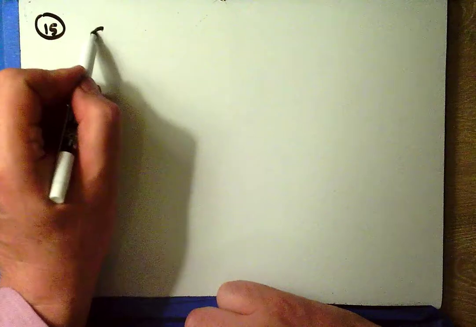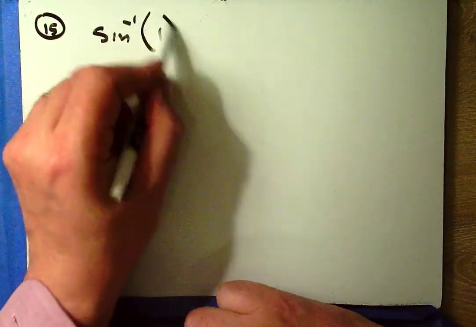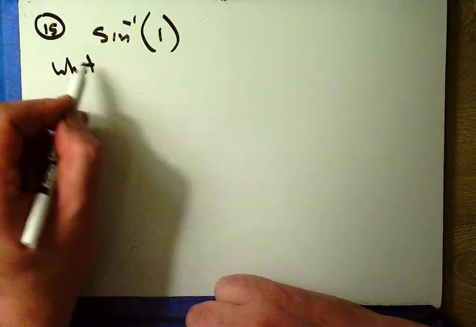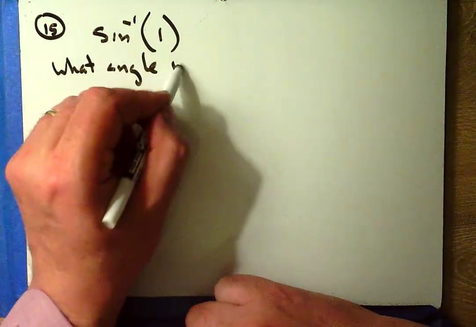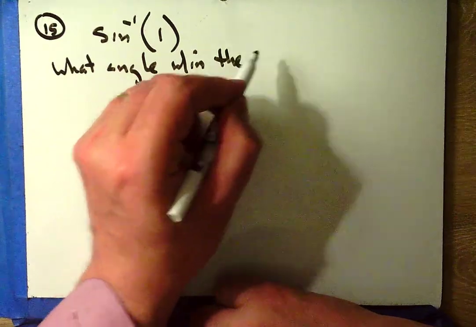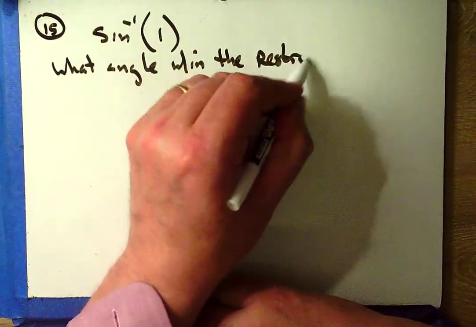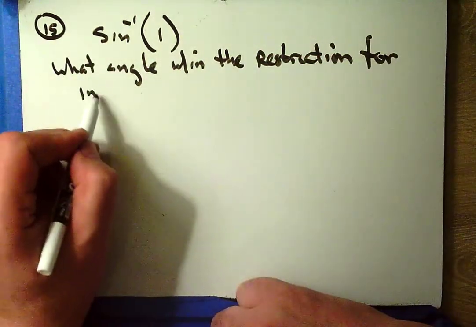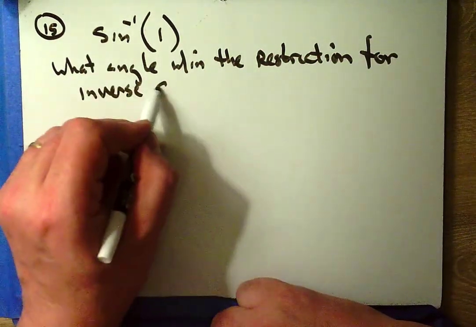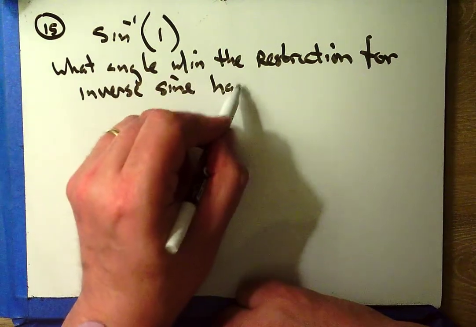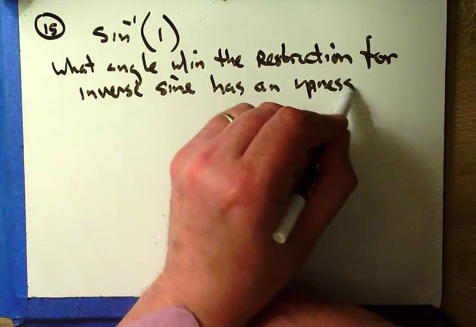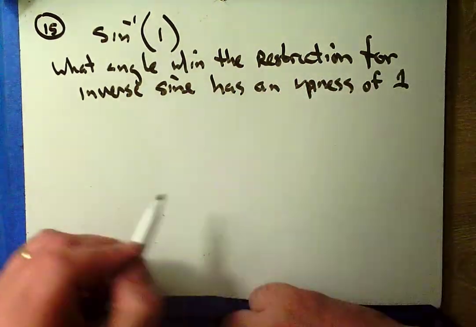Number 15 says sine inverse of 1. Remember, the way we read this is: what angle within the restriction for inverse sine has an upness of 1?